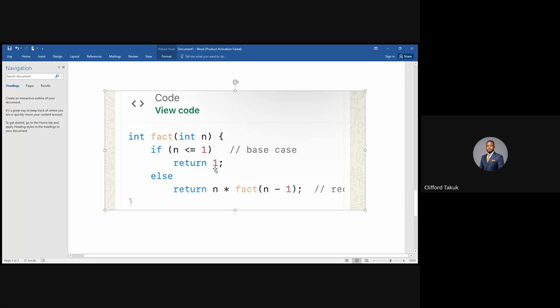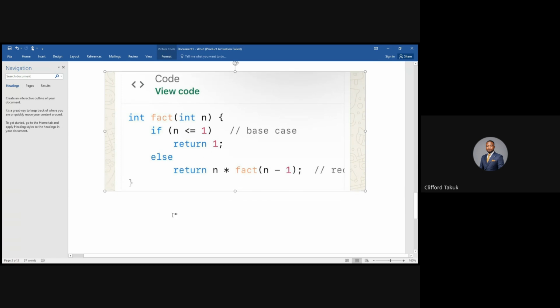Else it should return n multiplied by factorial of n minus 1. Inside there we are referring to 6 minus 1.